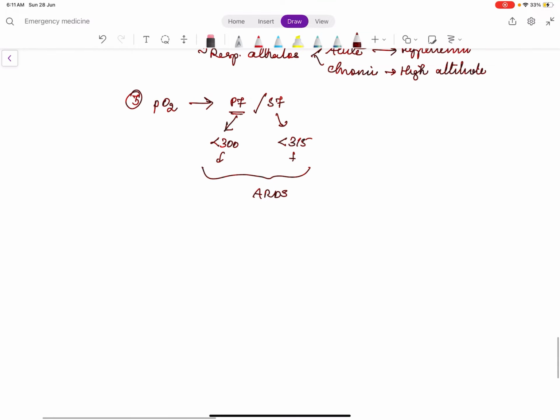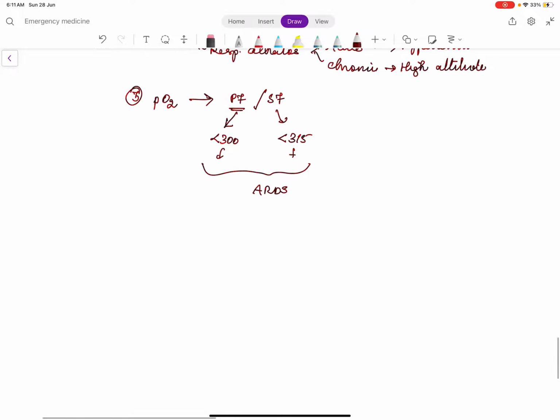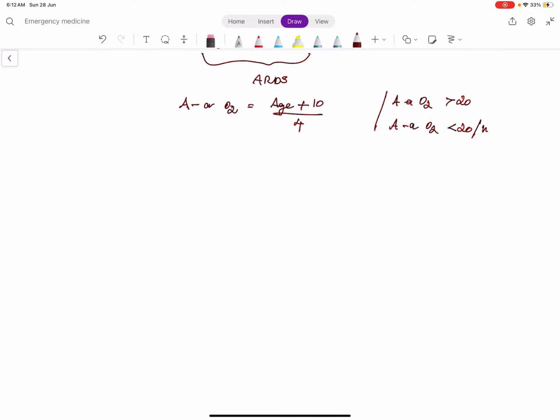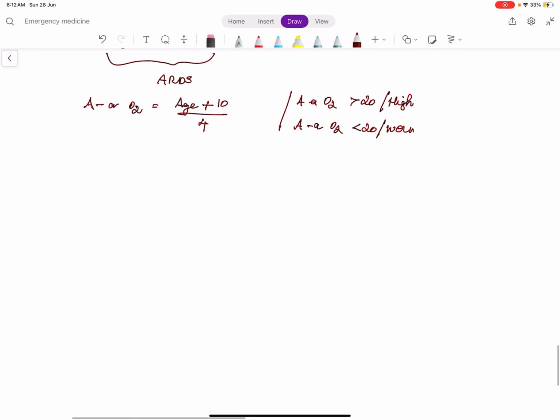But to know the cause of hypoxia, when the PF is low, we have to calculate the alveolar arterial oxygen difference. The normal alveolar arterial oxygen difference is calculated by the formula age plus 10 by 4. You just have to see whether the AA oxygen difference is high or normal.